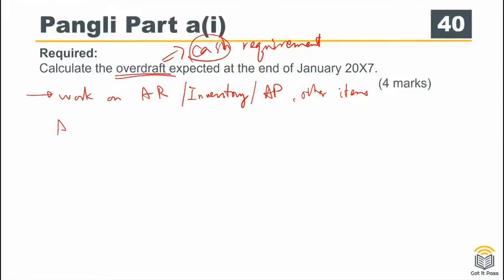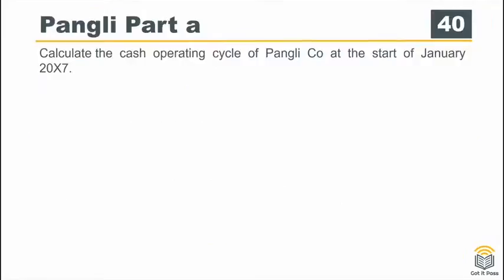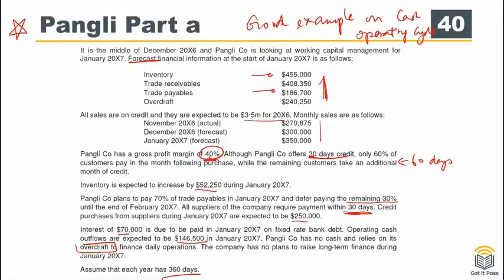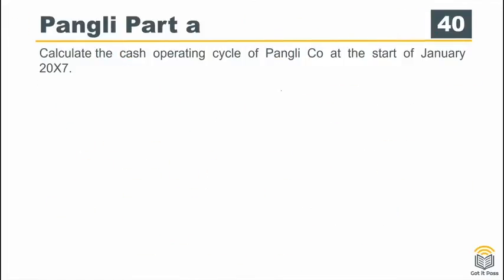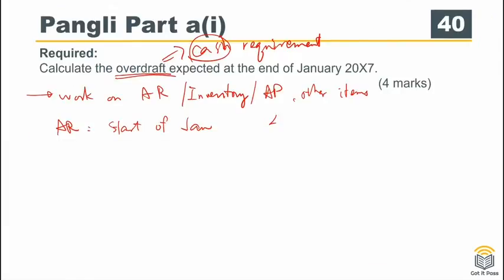So we work on the account receivables first. At the start of January, what's the balance of account receivables? At the start of January, the receivable is 408,350.